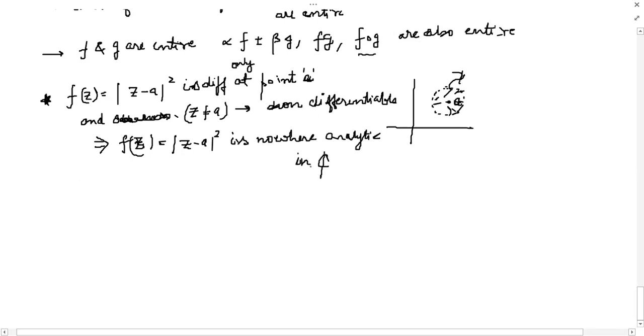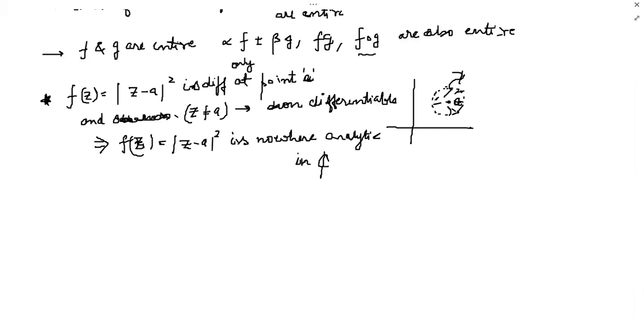Again, I'm making the point very clear that if I'm saying that a function is analytic at a point A, then it must be differentiable at point A and in some neighborhood containing that point A. Now, f(z) is equal to mod z minus a whole square is only differentiable at point A. Except point A, it is nowhere differentiable.